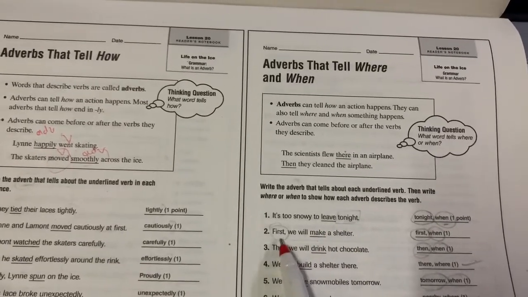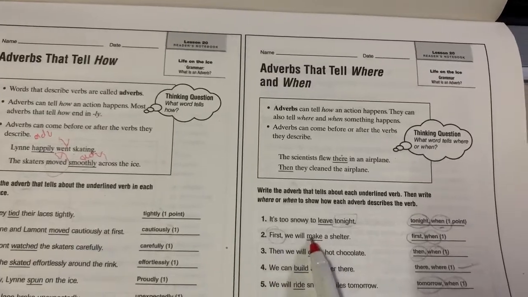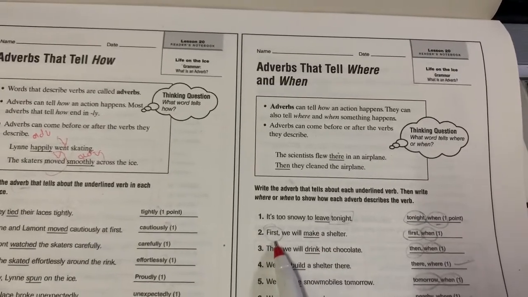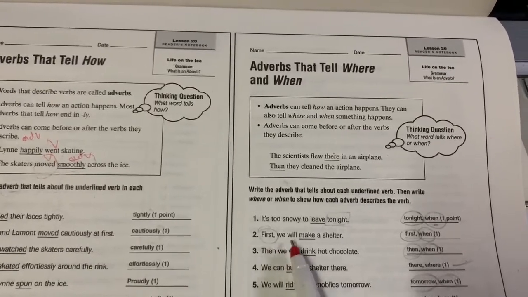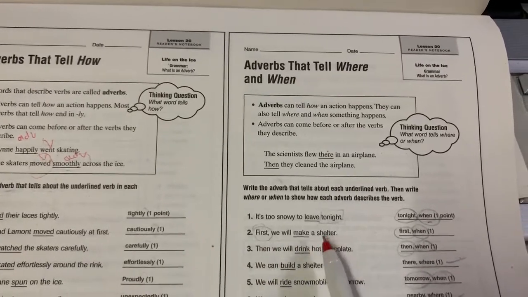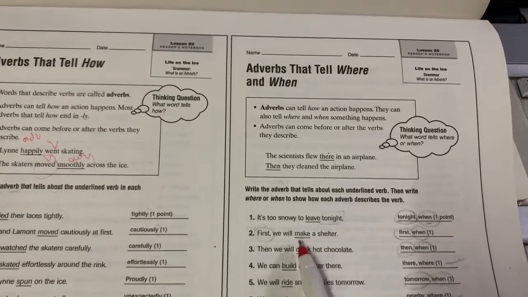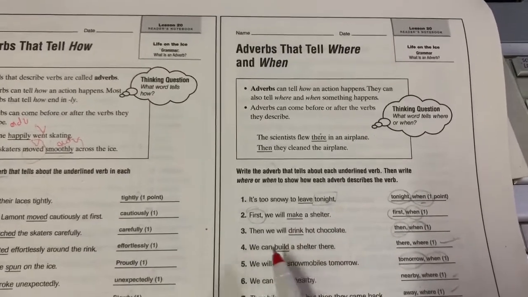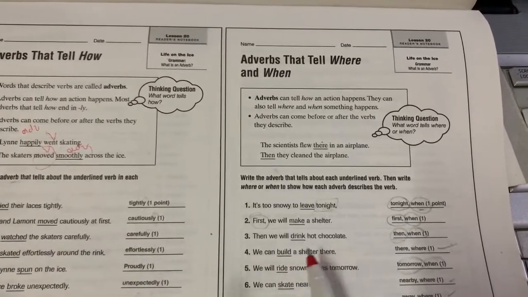And look at the adverb comes before the verb. This is the verb, and before it comes first. Okay, it is adverb of time, or what we call adverb of when.